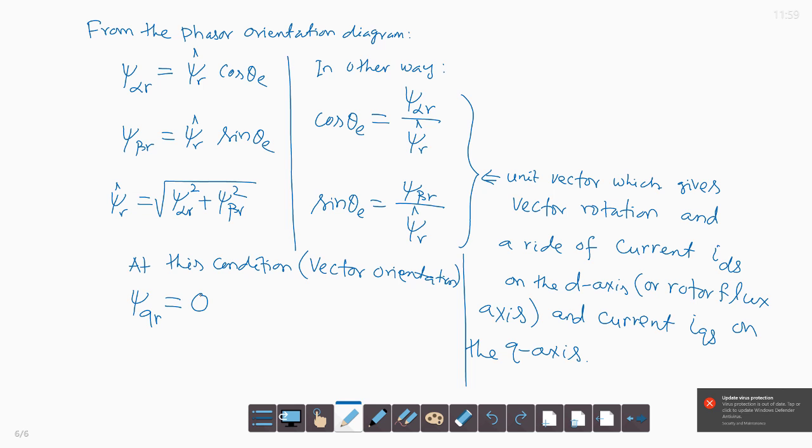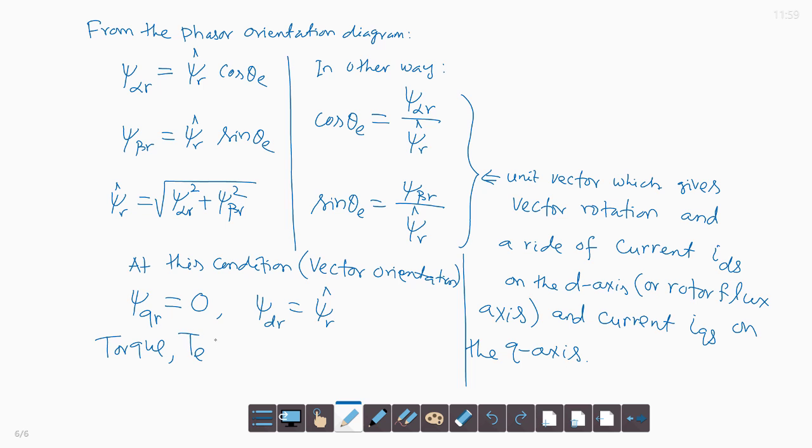Psi qr is 0 and psi dr equals psi r hat. So, with that, the torque T e is k t, the proportionality constant, into psi r hat into I q s. So, the torque is given by this expression.